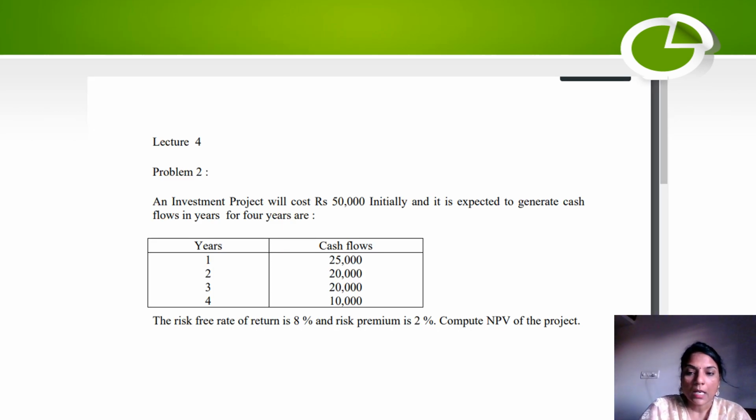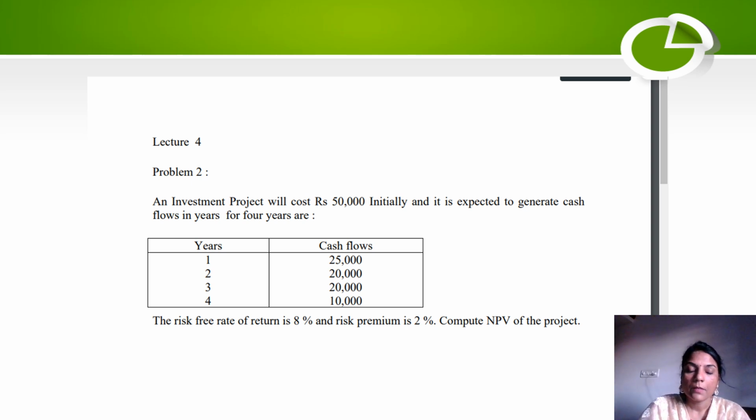We will understand this RADR approach with an example. Here they have given an investment project which costs rupees 50,000 initially, and it is expected to generate cash flows for 4 years. In the first year the cash inflow will be 25,000, the second year 20,000, the third year 20,000 and then 10,000.